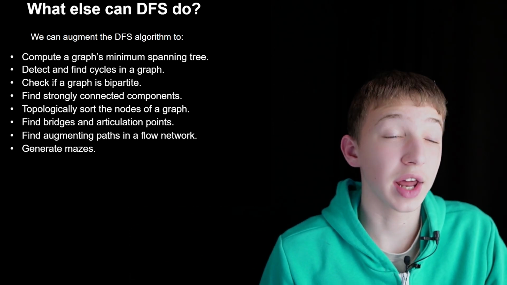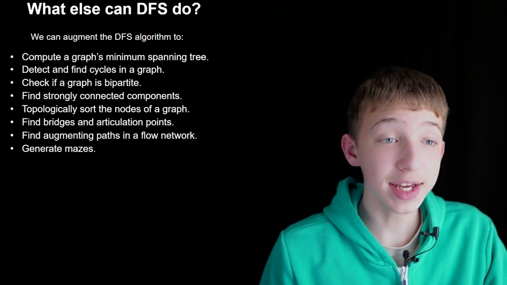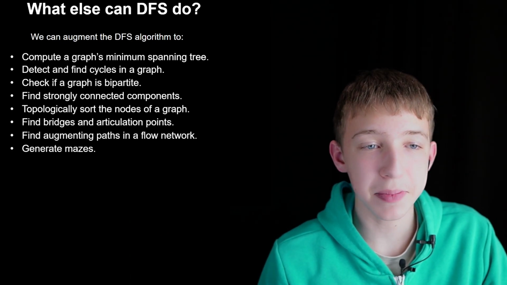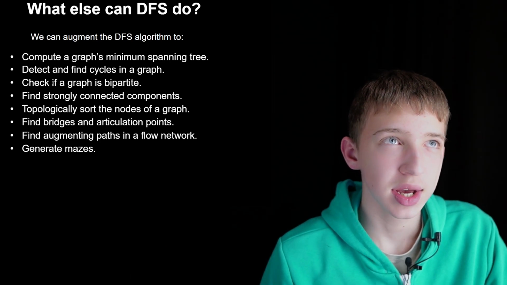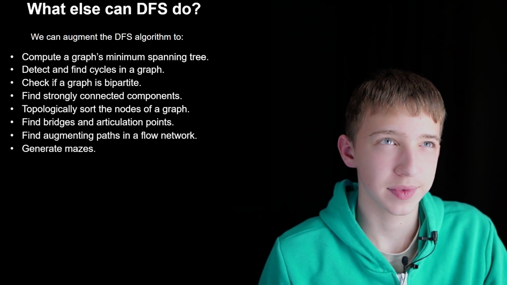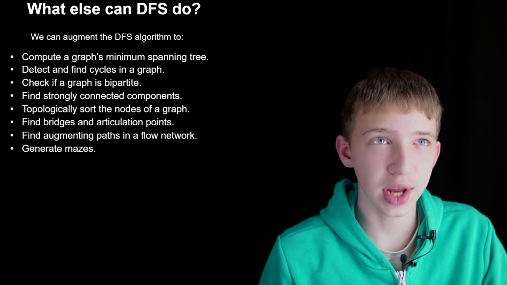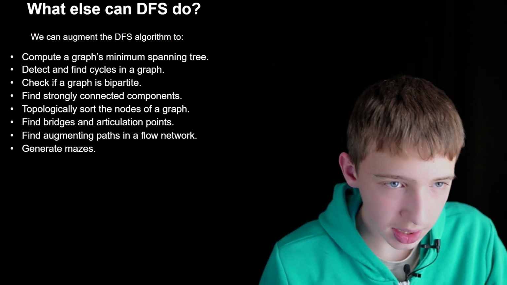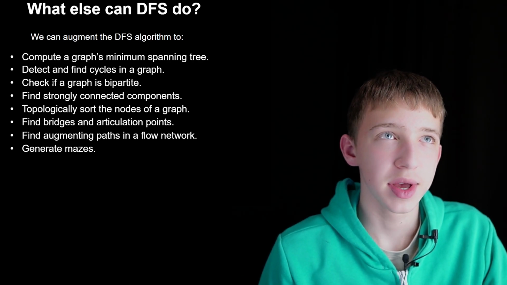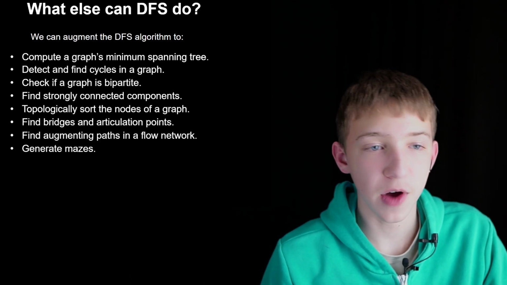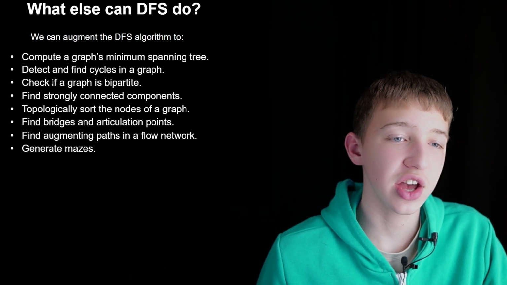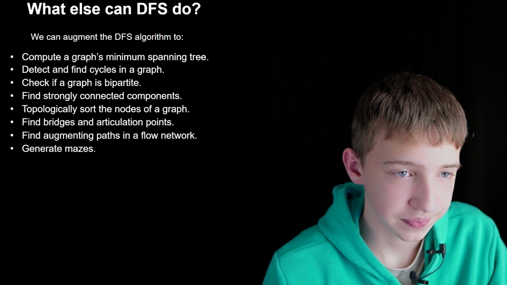It can also compute a graph's minimum spanning tree, that is a tree that consists of each node of the graph and has the minimum cost, so that is only on weighted graphs. And it can also detect and find cycles in a graph, and check if the graph is bipartite.